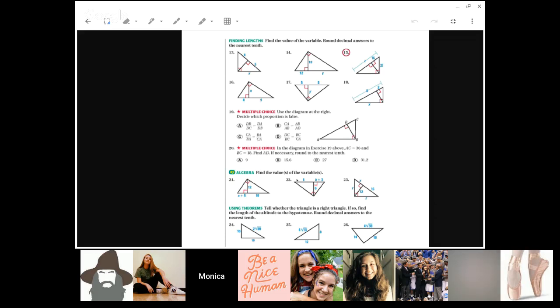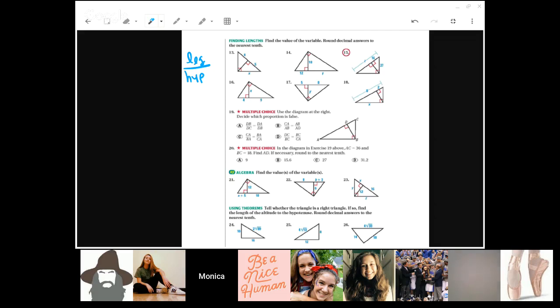Okay. So for number 13, we have a leg and a hypotenuse, right? For the big triangle. You see that part? Okay.